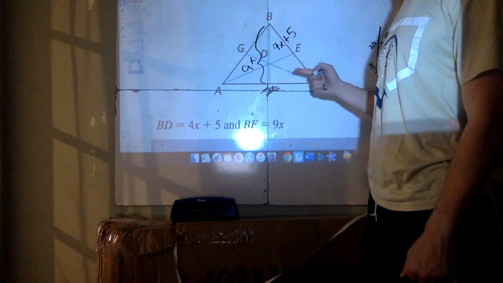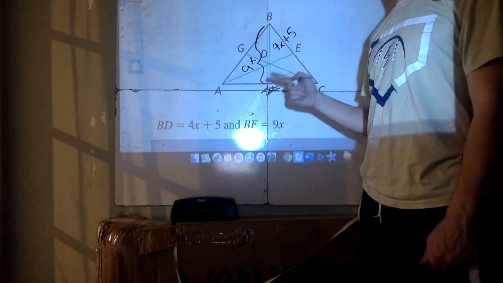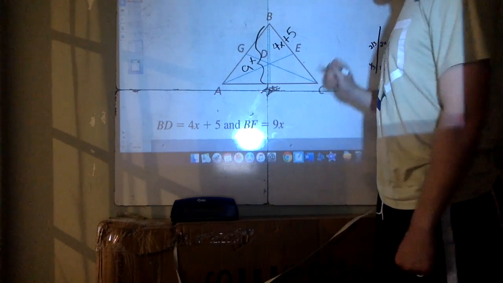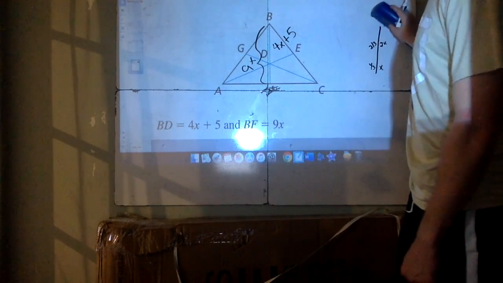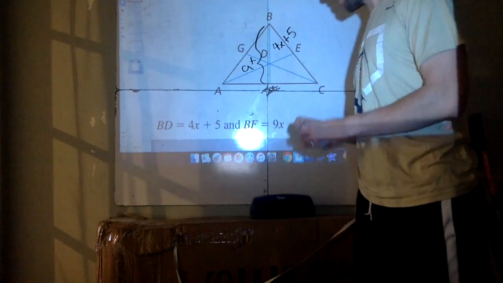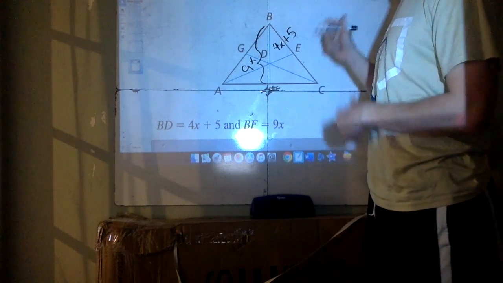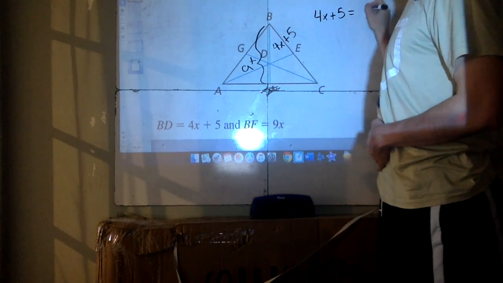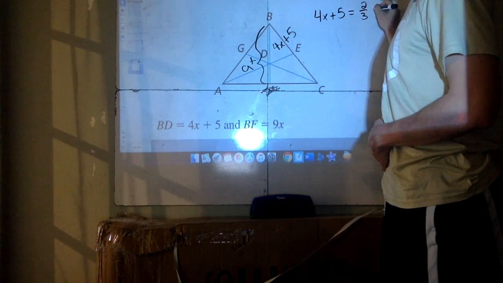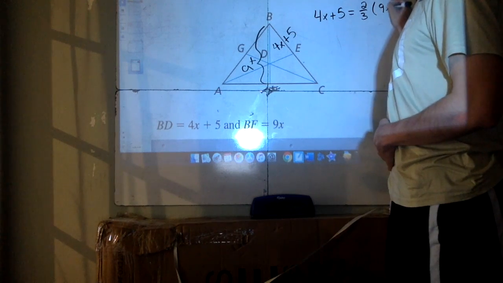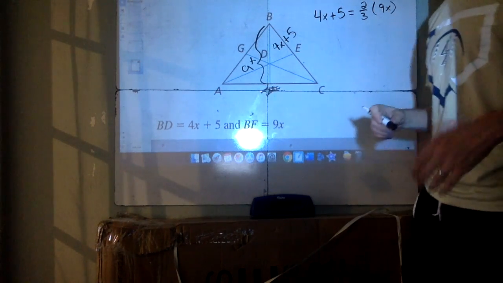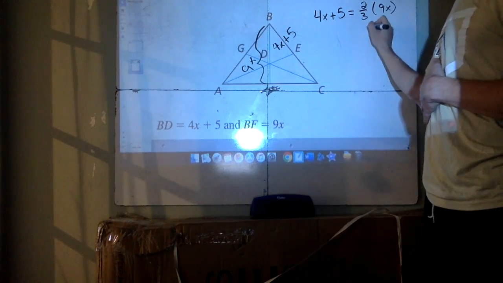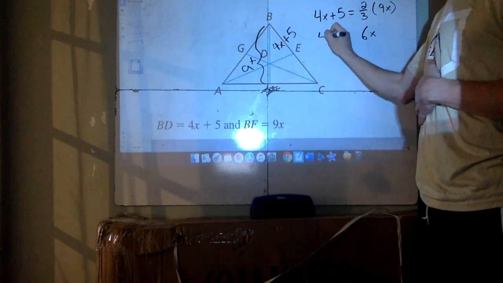So we know that 4x plus 5 is 2/3 of that whole length. So we know that 4x plus 5 equals 2/3 of 9x. Of in math means multiplying. So 2/3 of 9x gives us 6x.